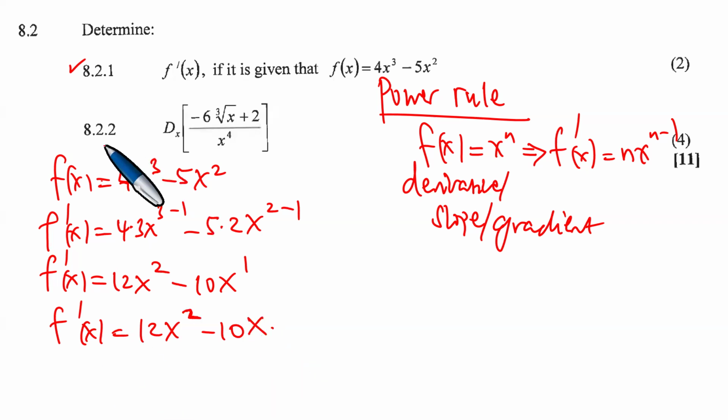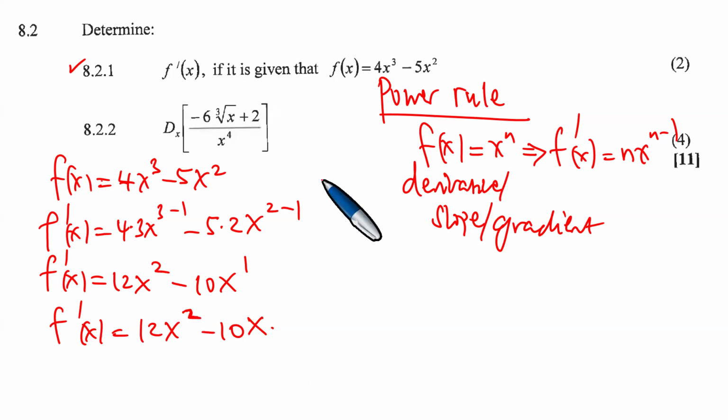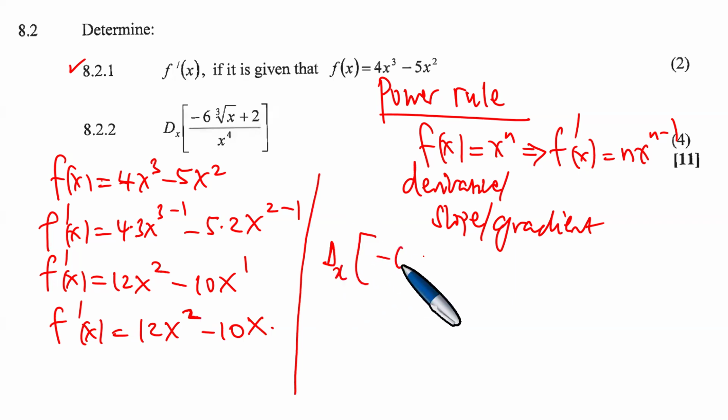Now, next point, we're looking at 8.2.2 and want to find dy/dx. Let us find dy/dx. So to find it, we have minus 6 times the cube root of x plus 2, divided by x to the fourth power.